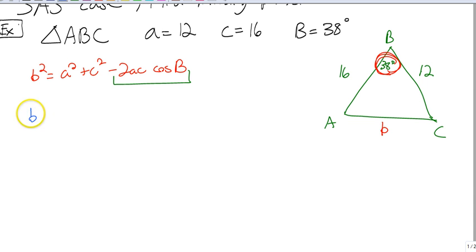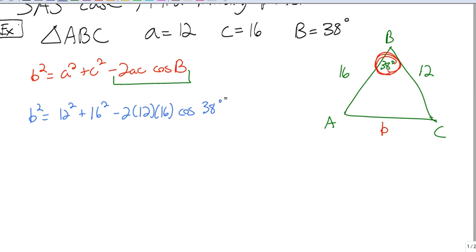So B squared equals 12 squared plus 16 squared minus 2 times 12 times 16 cosine of 38.